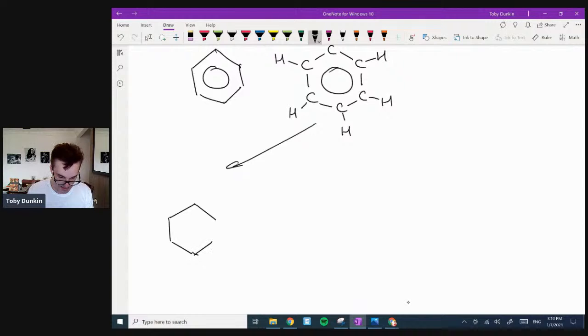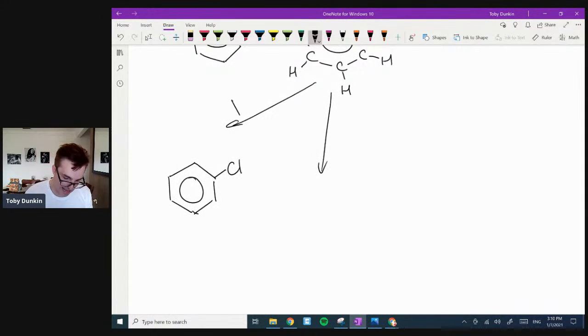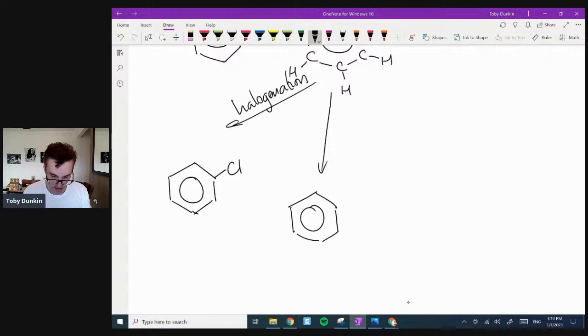The first thing I can add is a Cl. This is called halogenation, or chlorination if you prefer. The next thing I can do is swap a hydrogen for a nitro group.